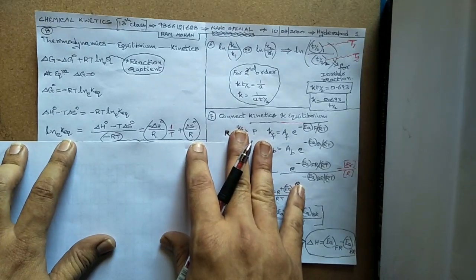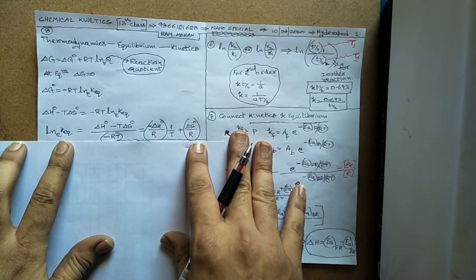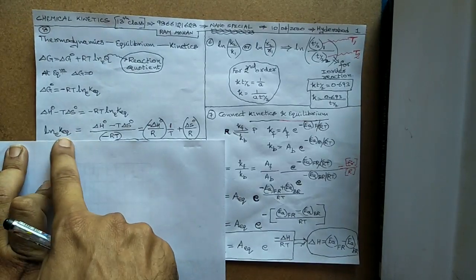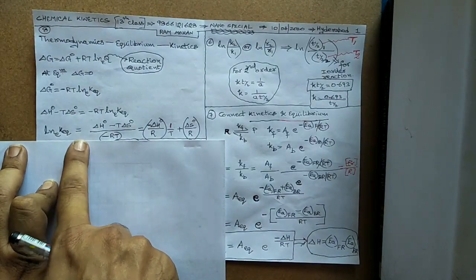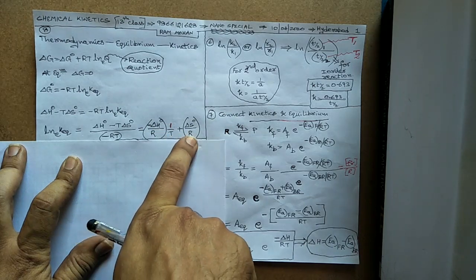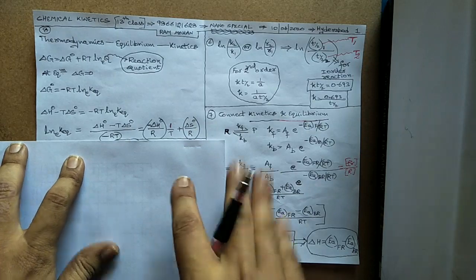That is an equilibrium constant. This is an equilibrium constant that we are talking about. We have a similar equation even for kinetics also. What is that? Log rate constant to base E is equal to minus EA by R into 1 by T plus log A to base E.